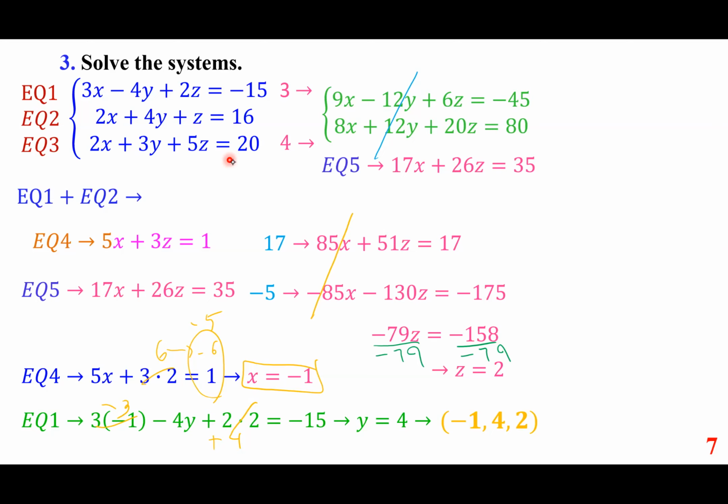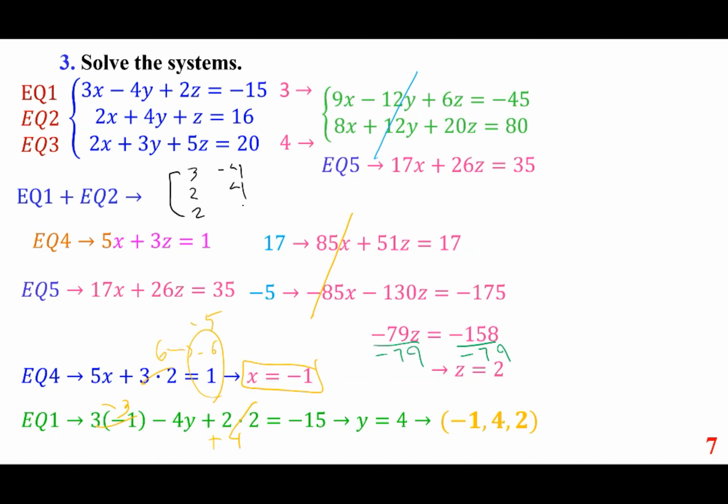So again, if we were to use the technology, I hope you recognize the augmented matrix is, let's just quickly write it. The augmented matrix, let's go with 3, 2, 2, column wise.